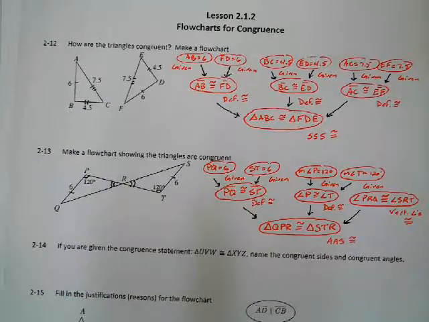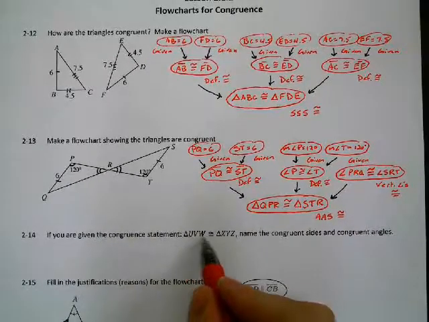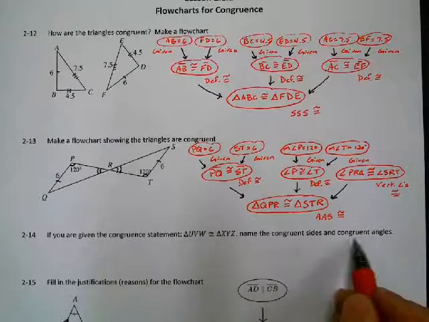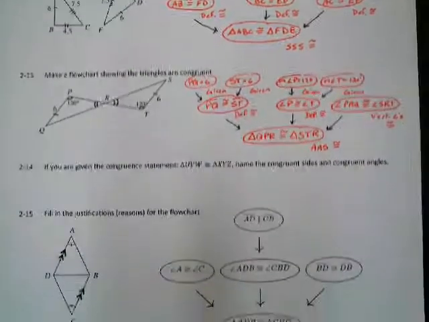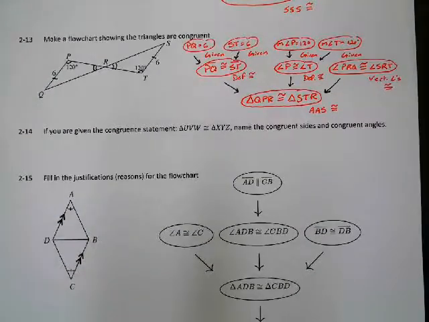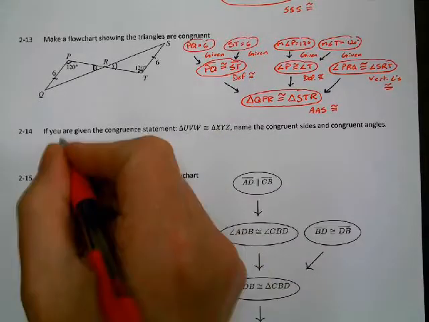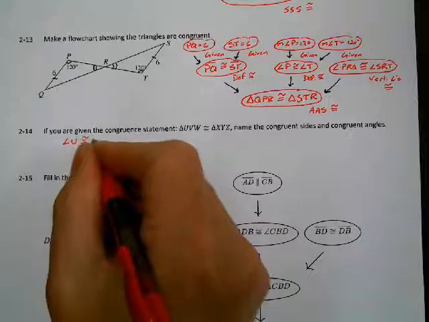All right, if you're given the congruence statement, triangle UVW is congruent to triangle XYZ, name the congruent sides and the congruent angles. Well, remember, a congruence statement has everything in the correct order. So this would tell me, as far as the angles are concerned, that angle U is congruent to angle X, without even drawing the shape.